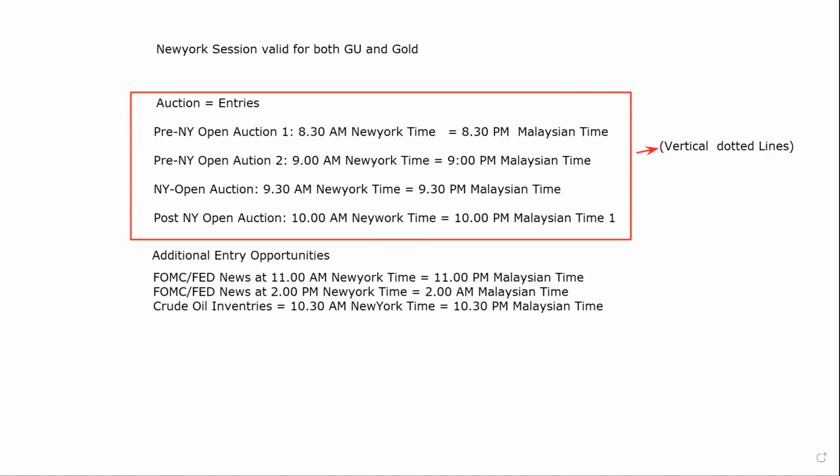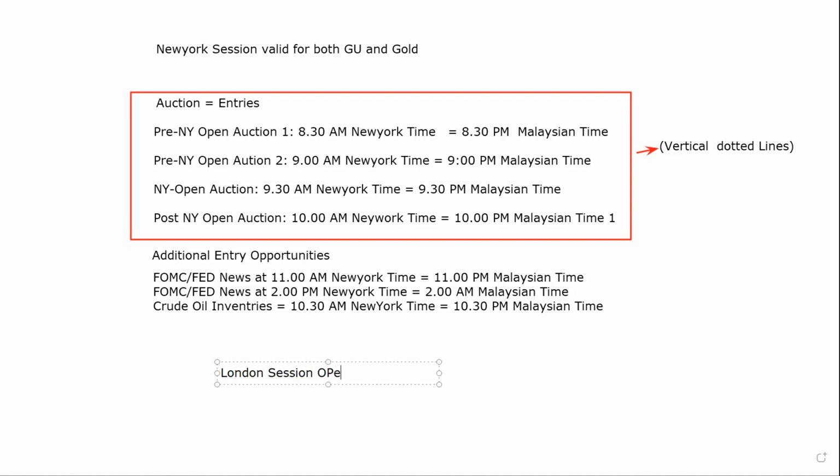And another vertical line should be drawn at what? Second vertical line. What is the last session that precedes the New York session? It's the London session, right?